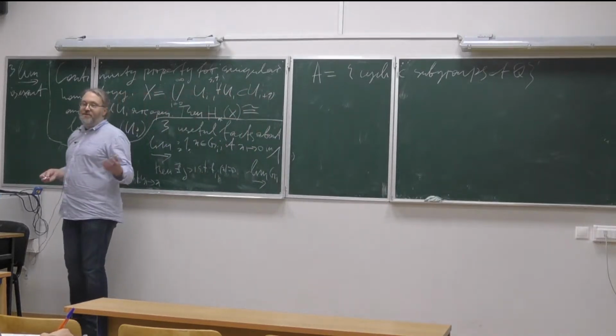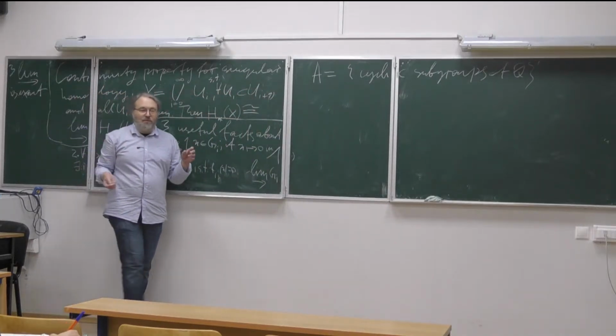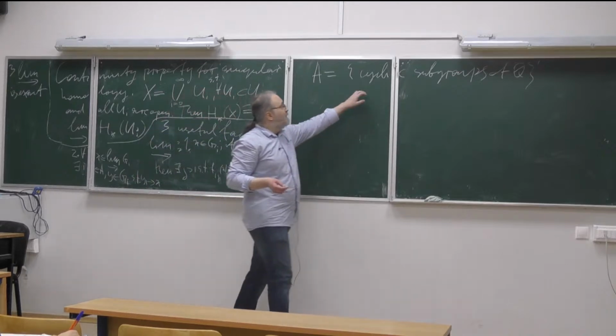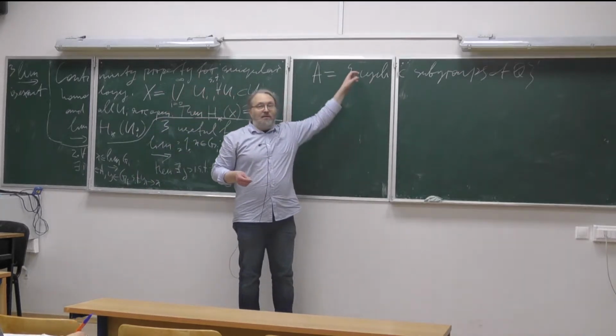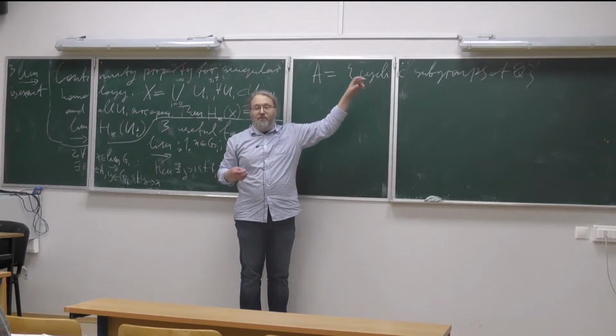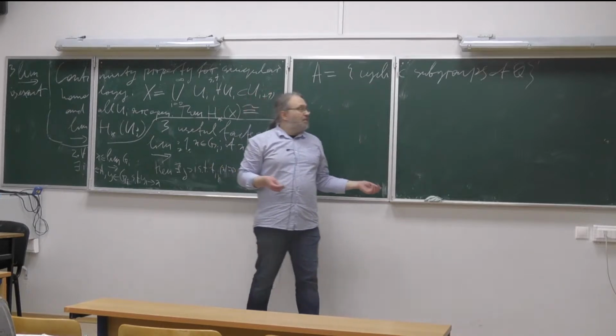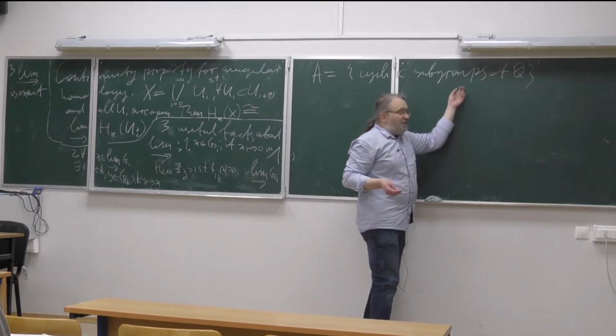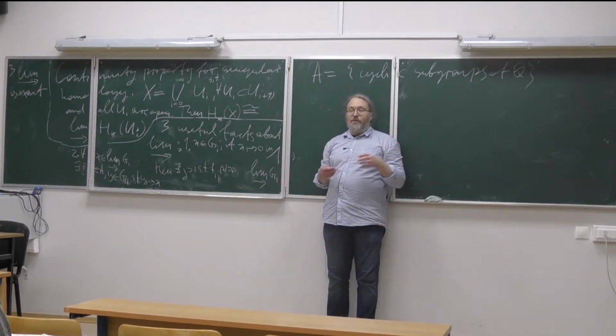This example is really quite straightforward, but let's try to understand it. Well, let's take all cyclic subgroups of Q. A cyclic subgroup is a subgroup generated by one element.